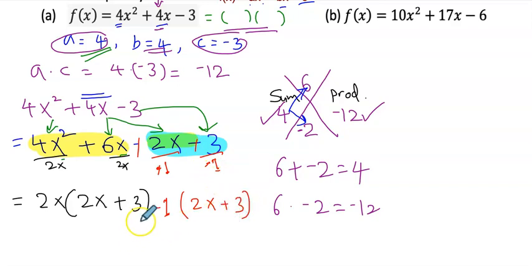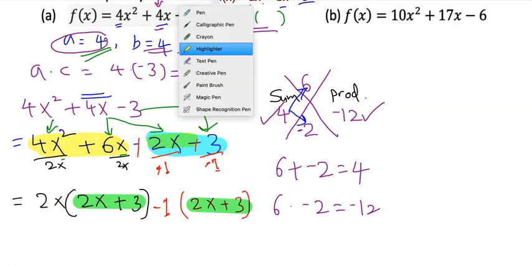So, what do you see now? 2x times (2x plus 3) minus 1 times (2x plus 3), which is telling me that I can take out this 2x plus 3 as a common factor in those two terms. See, the 4 terms now reduced to 2 terms.